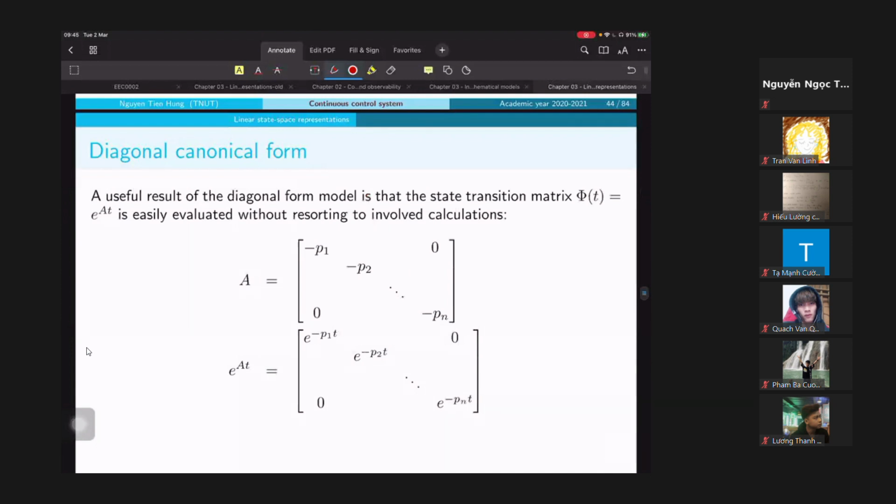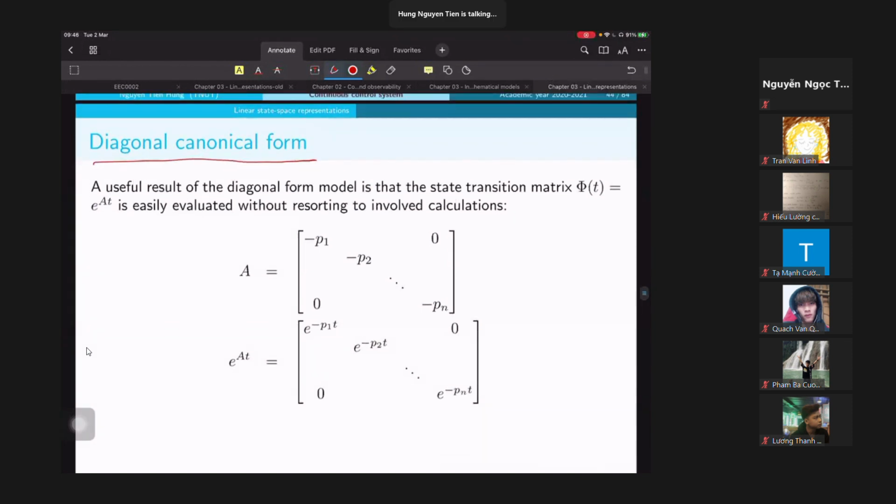And the reason why we try to get the diagonal canonical form is this. When we find the homogeneous solution of the state space equation, we all know that the homogeneous solution is X_h of t. Homogeneous means we have no input.